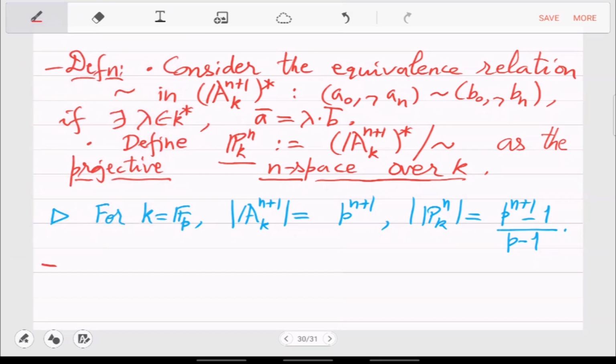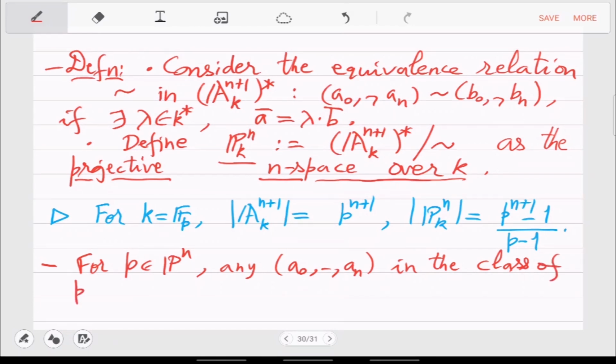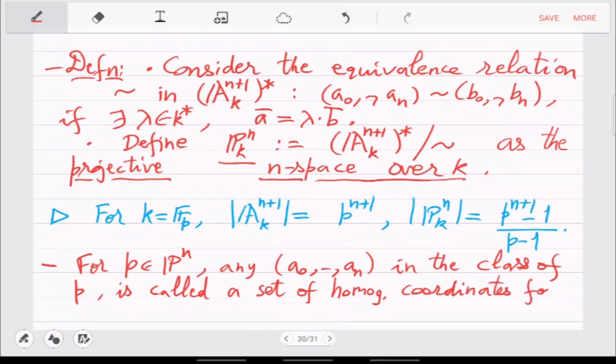Is that clear? Another thing is, for a point P in the projective n space, any A0 to An point in the equivalence class of P is called a set of homogeneous coordinates for P. And we denote it by this notation.